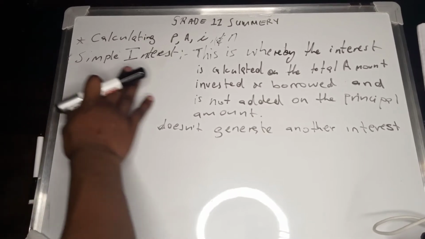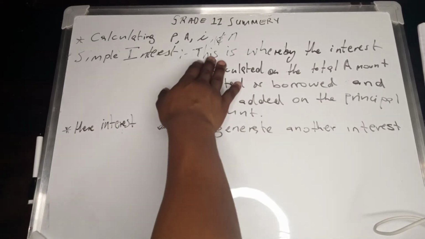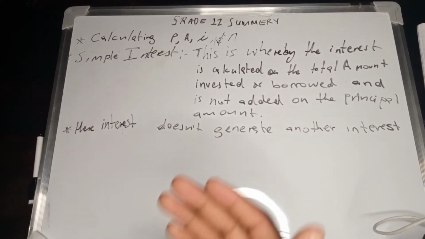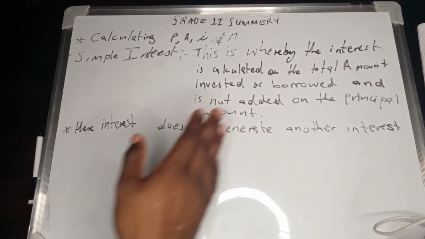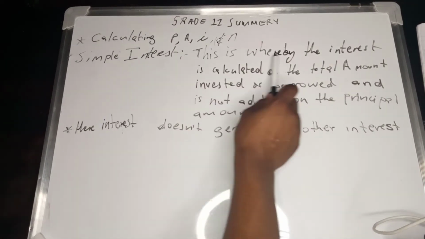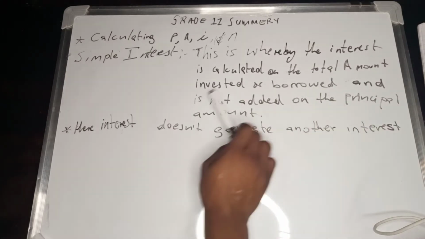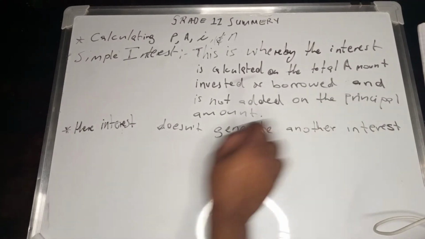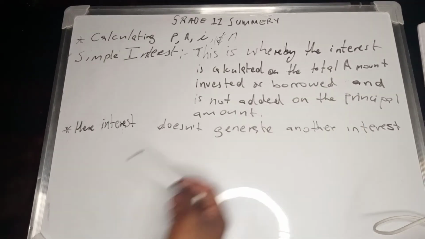So the simple interest. So what is the simple interest? According to the definition, this is whereby the interest is calculated on the total amount invested or borrowed and is not added on the principal amount.